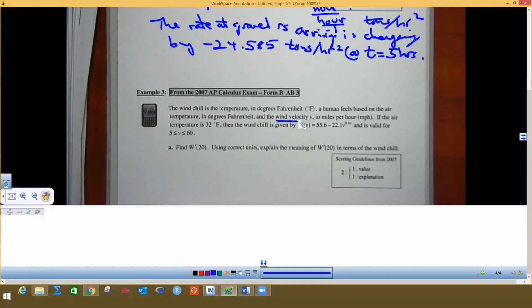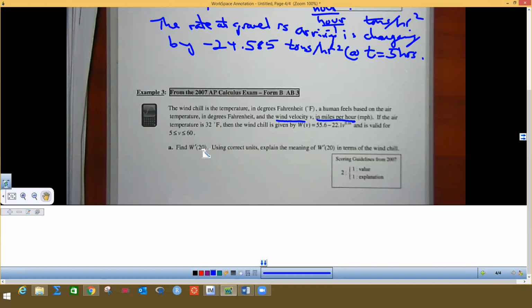So wind velocity in miles per hour tells me that this thing right here is a velocity function, I guess is the best way to put it. If the air temperature is 32 degrees, then the wind chill is given by this function right here and is valid from velocity of 5 to 60 miles per hour.